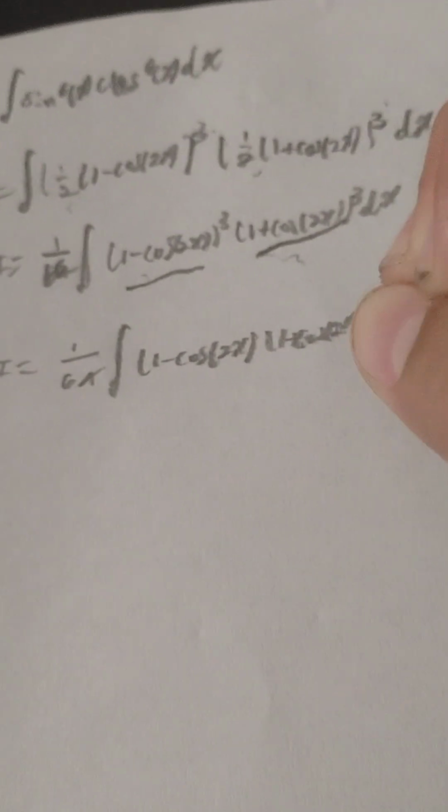1 minus cos 2x times 1 plus cos 2x to the power of 3 dx.